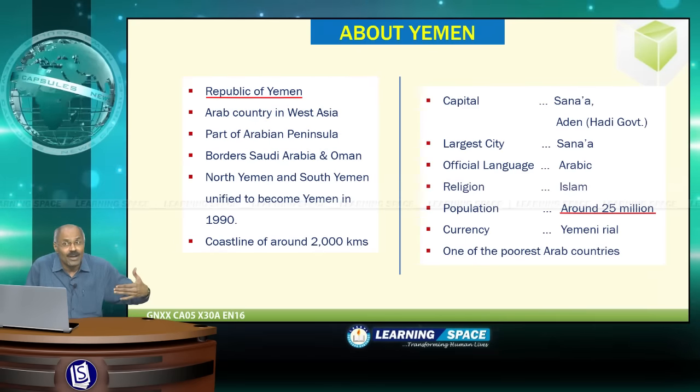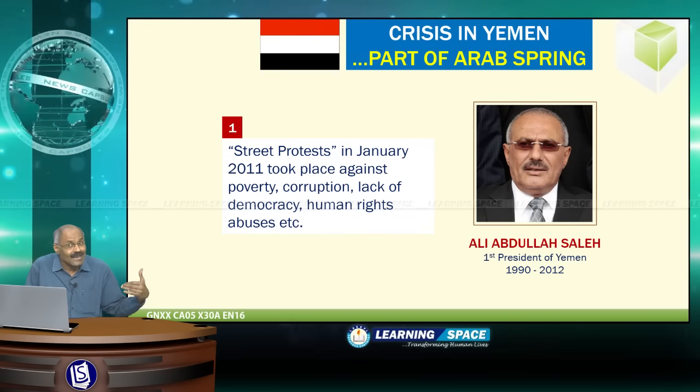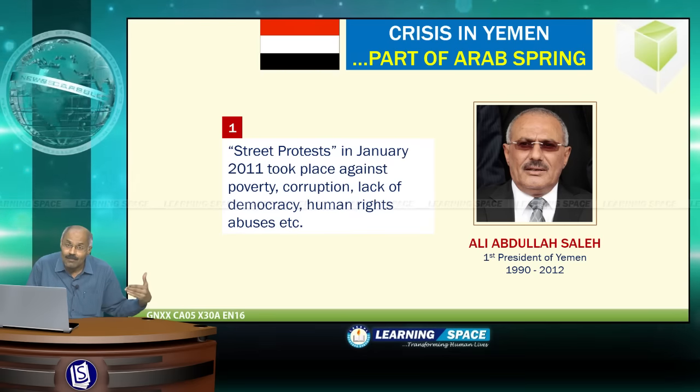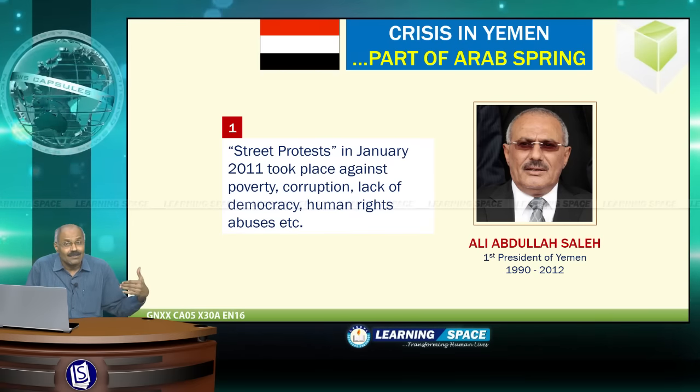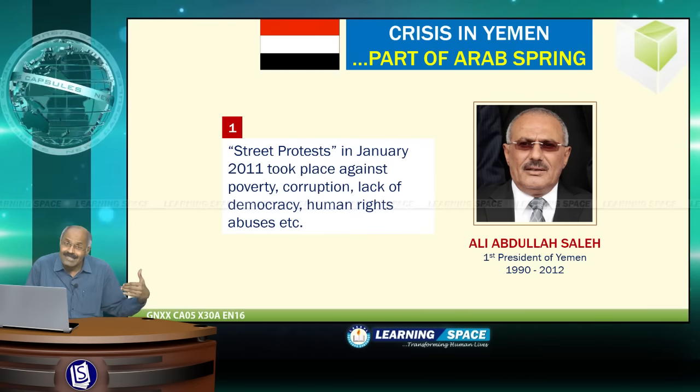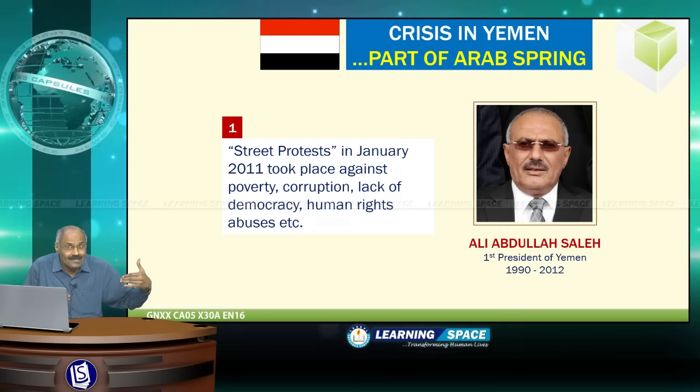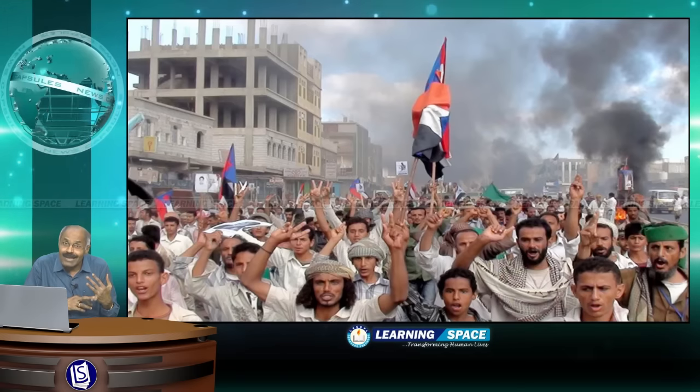Right? And let us go back. What went wrong in this country? As all of you are well aware, the Arab Spring started in Tunisia, and subsequently the protests spread to several other countries. Similarly, in January 2011, street protests took place against poverty, corruption, lack of democracy and human rights abuses.